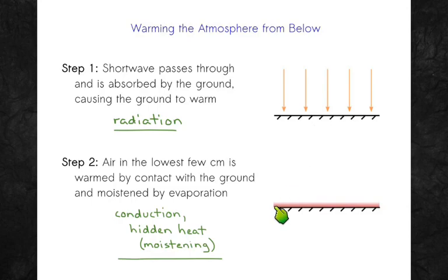Step 2, the ground warms up, and it ends up warming a thin layer of air down near the ground through direct contact, i.e. through conduction. Because the air is pretty poor at conducting heat, it's a very thin layer, but it does happen. You also end up evaporating some water vapor into the air, which is sort of a hidden form of heat.